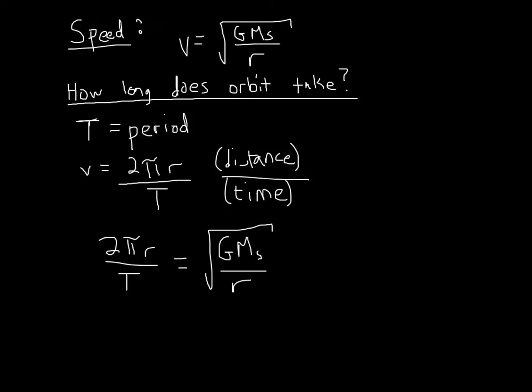And usually we don't like working with square roots, so I'm going to square both sides of this. So I'm going to get 4 pi squared r squared divided by t squared is equal to G times the mass of the Sun divided by r.